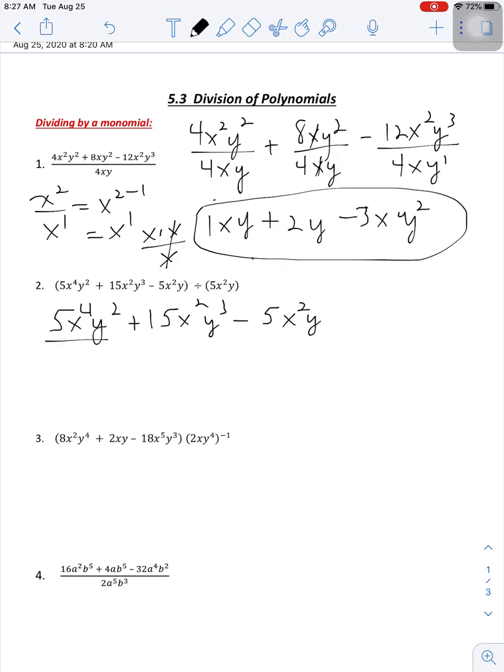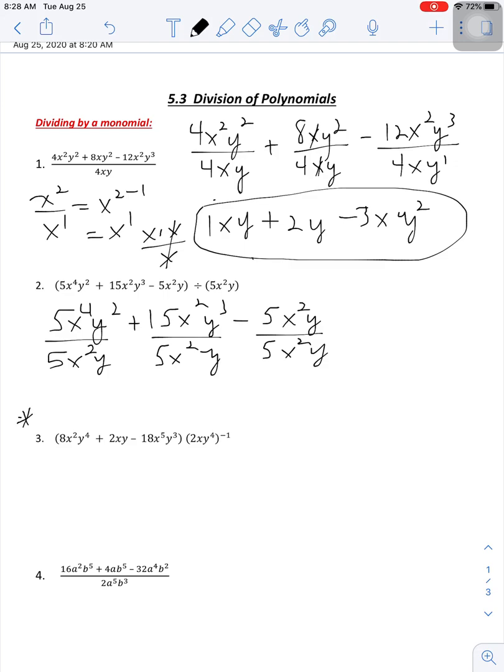Just like number 1, you would be dividing each one of those individual terms by the 5x squared y and then reducing it. I'm not finishing that one for time's sake.